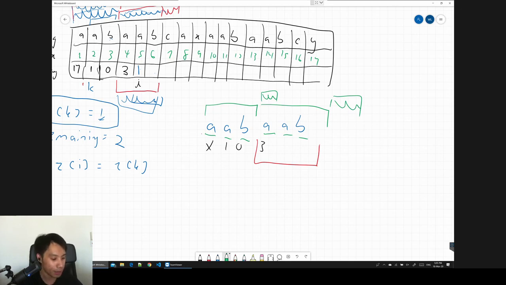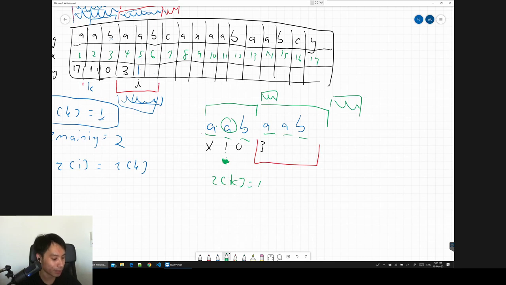Okay. Then, if we were to look at the number here, of Zk equals to 1, means the alphabet here is the same as my prefix, but the second alphabet, because the number is only 1, is not the same as the prefix.